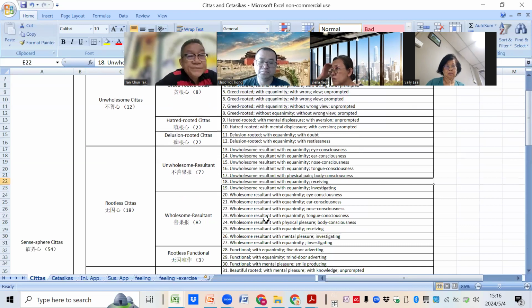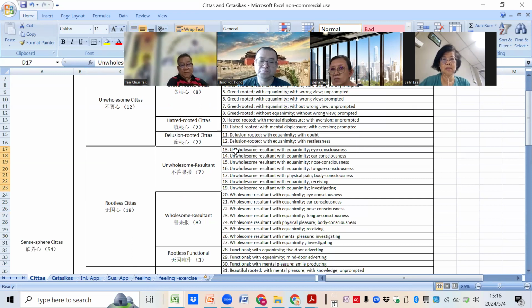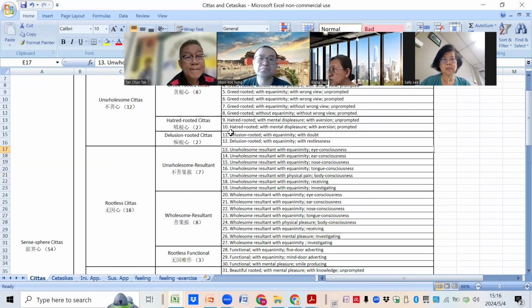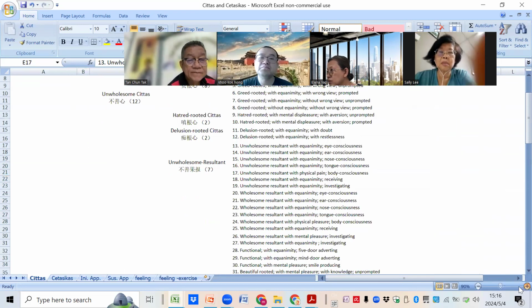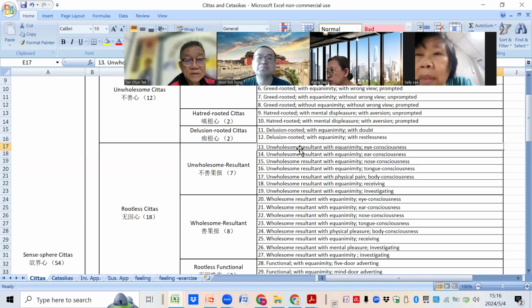Whereas, class, take a look at 13 to 19. Do you think they are rooted or not rooted?